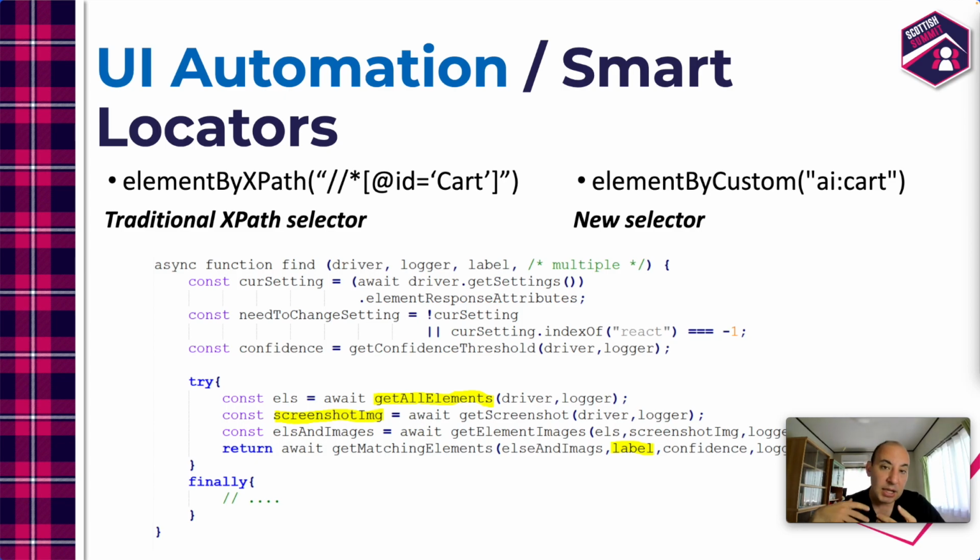So whenever they apply these changes, our locators or the selectors are broken, so we cannot find the elements as before anymore. So of course, rather than using traditional locators like XPath or CSS or the class name or maybe some other attributes, of course we can introduce some unique IDs.